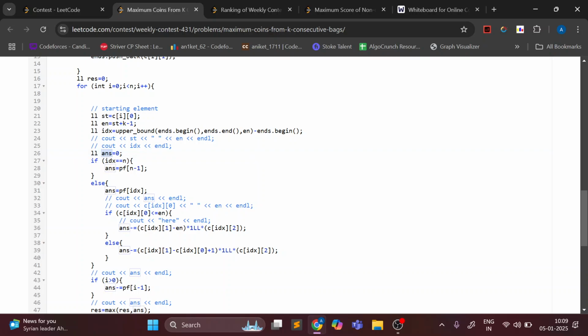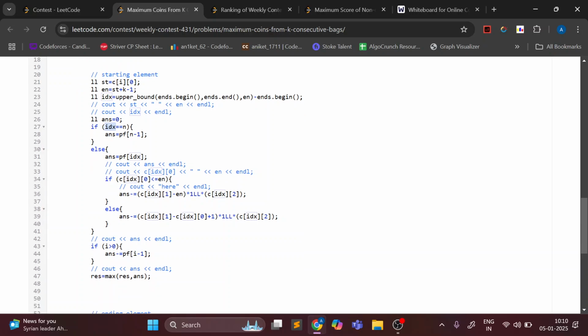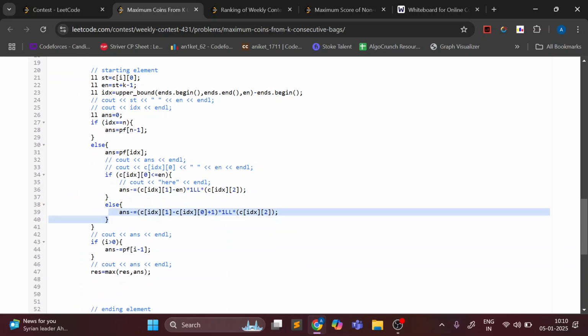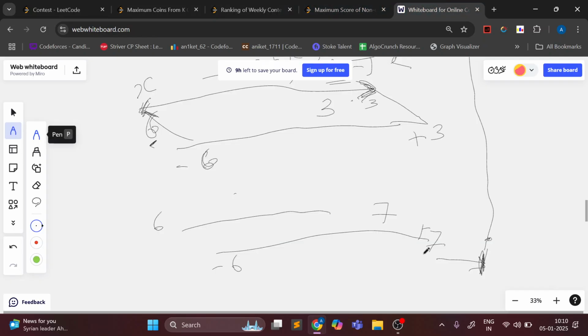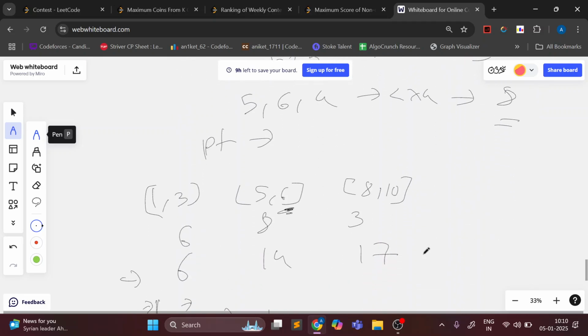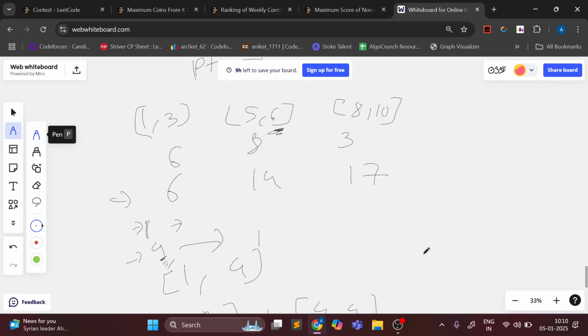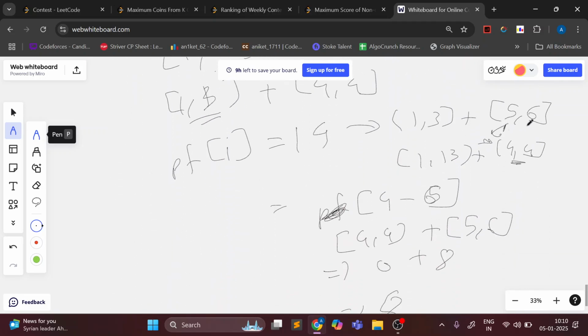Then I have declared an answer variable to store the temporary score. So first of all, we take its prefix. There is this condition to avoid segmentation fault. Then we remove the contribution of that additional segment, so this 5 6.